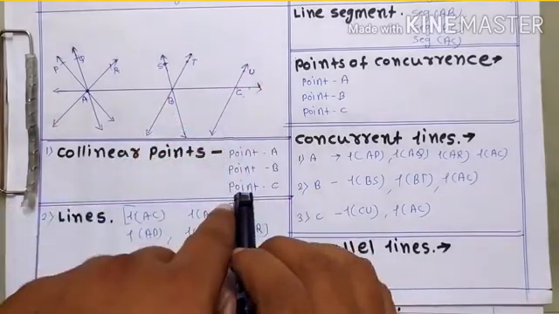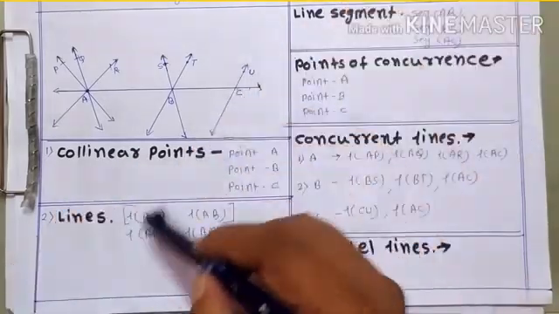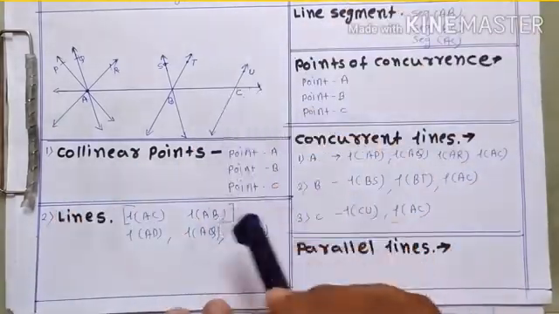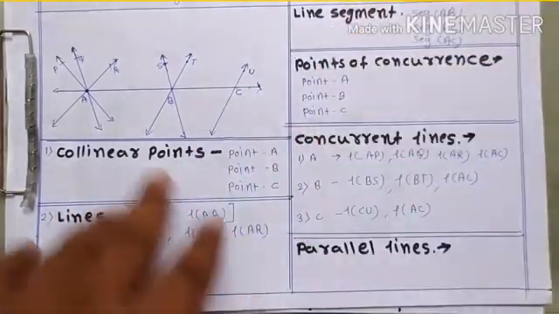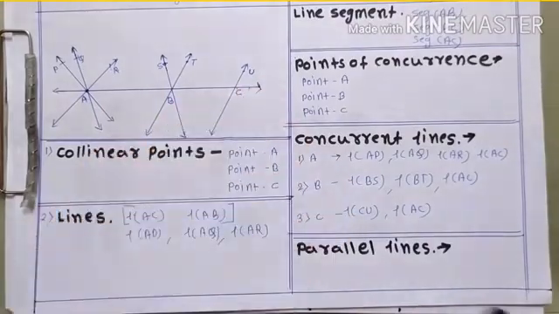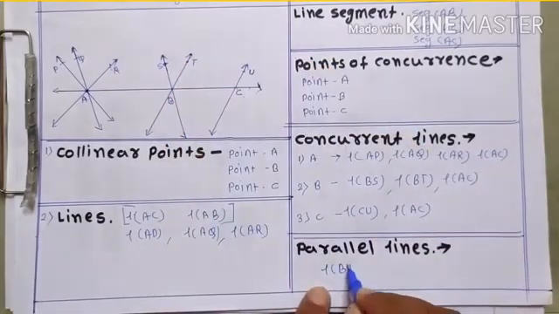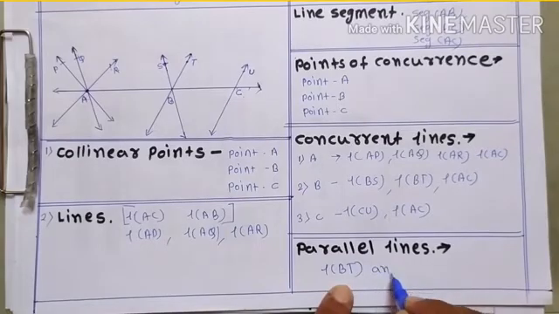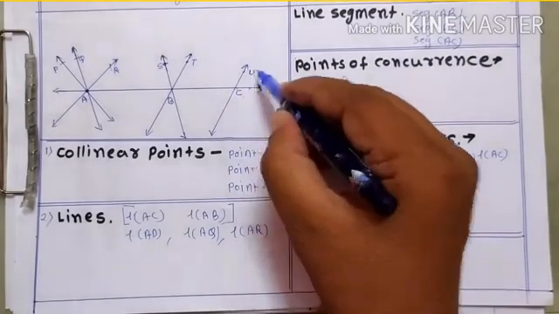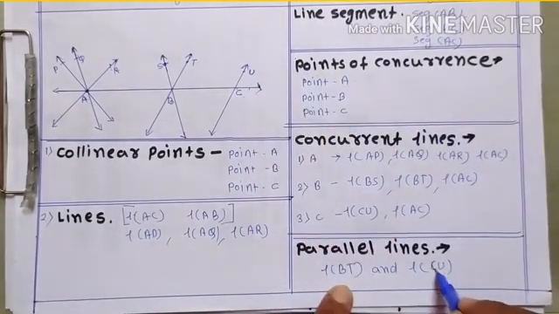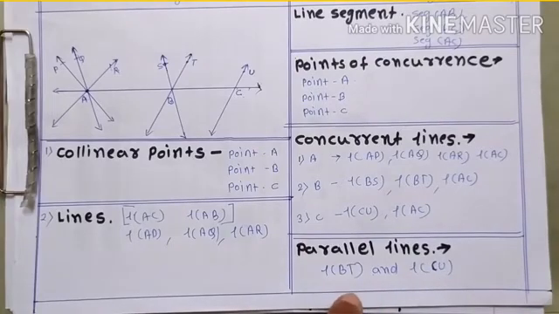But line BT and line CU, extended forward on both sides, you see that they are not intersecting each other in the same plane. So line BT and line CU are parallel lines, and the other lines are intersecting each other in the same plane, so they are called intersecting lines.